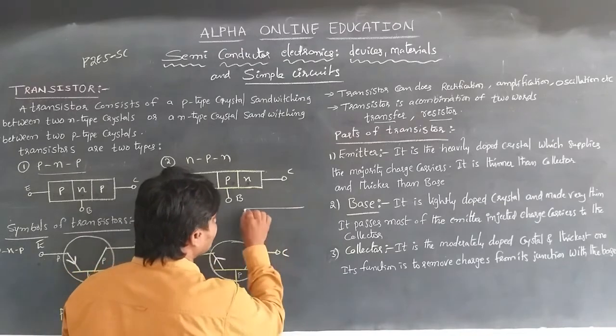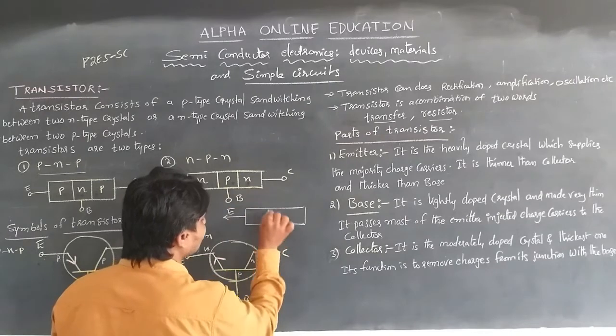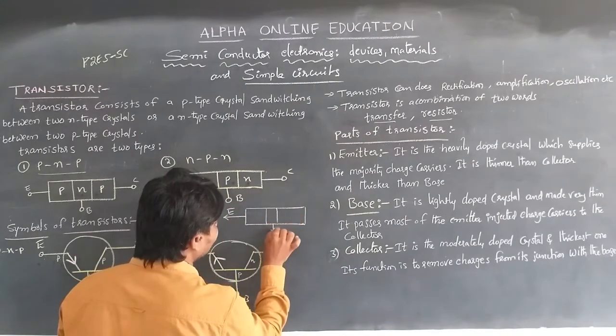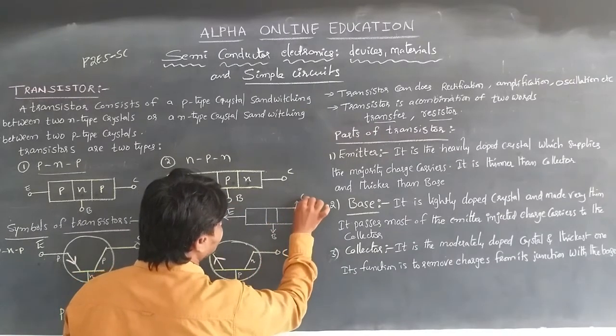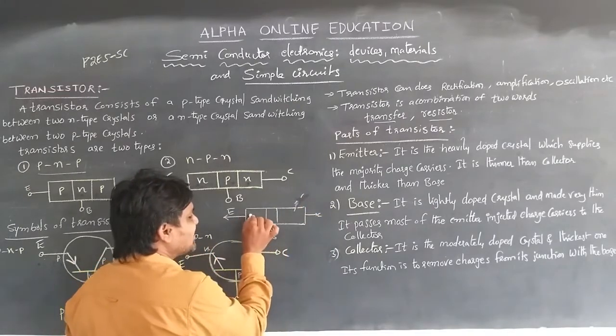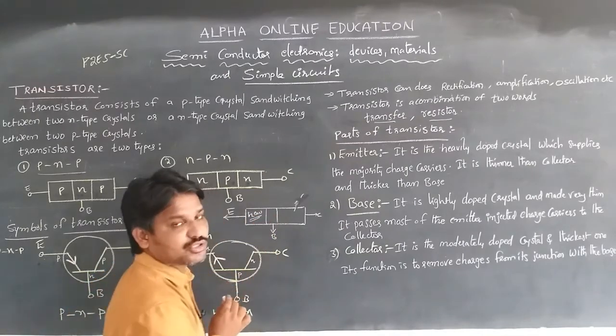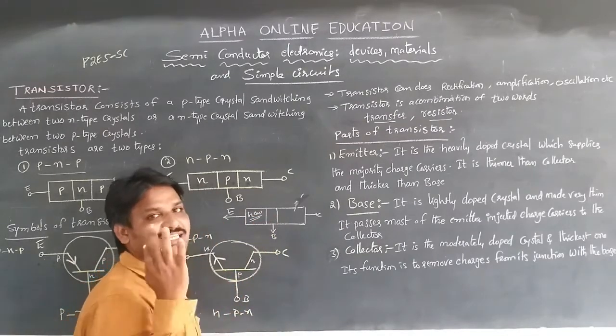This is emitter, this is base, this is collector. The emitter is heavily doped, so it gives the majority charge carriers.